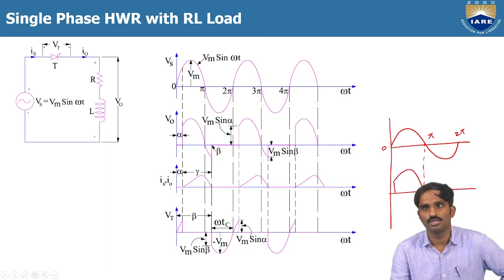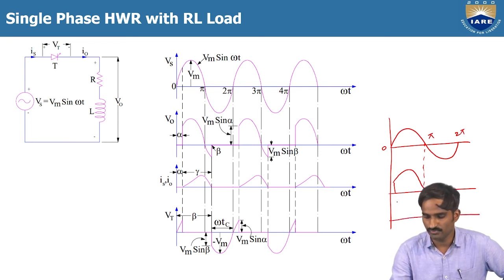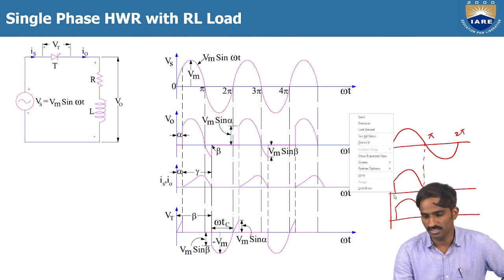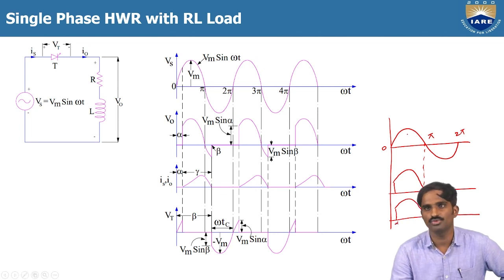Like this we got the output voltage waveform, and the current also has the same waveform, similar to the output voltage. Which means when the thyristor is turned on at alpha degrees, the current rises very rapidly and follows the input voltage waveform.